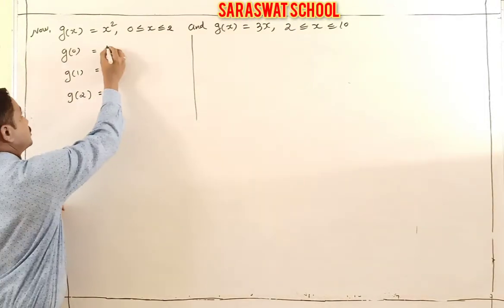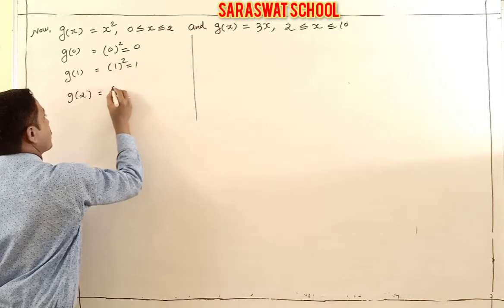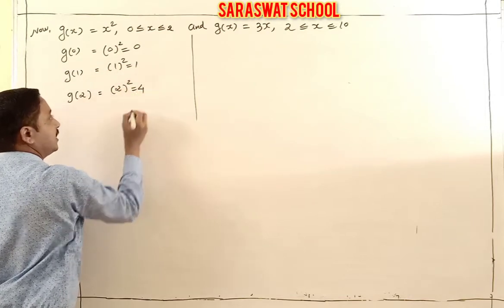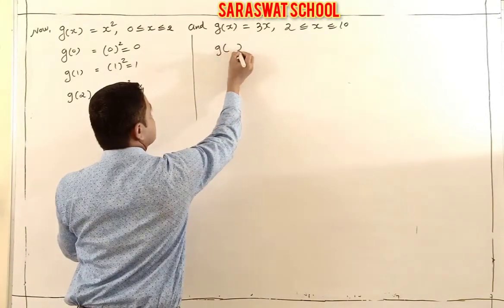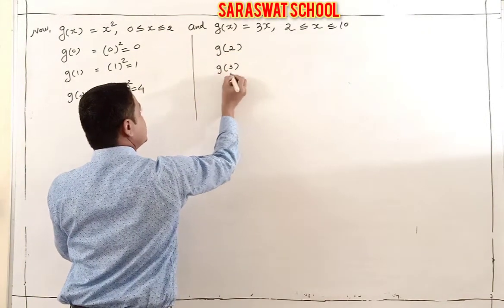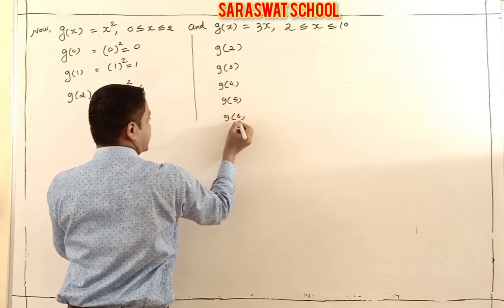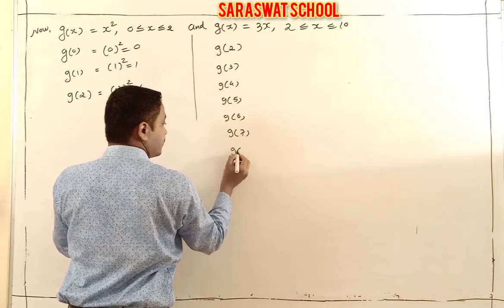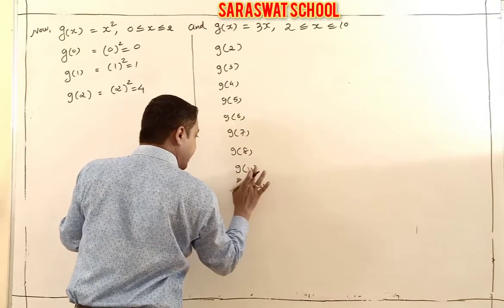So here applying 0 square, 1 square, 2 square, you get 0, 1, 4. Same as here, students: g(2), g(3), g(4), g(5), g(6), g(7), g(8), g(9) and g(10).